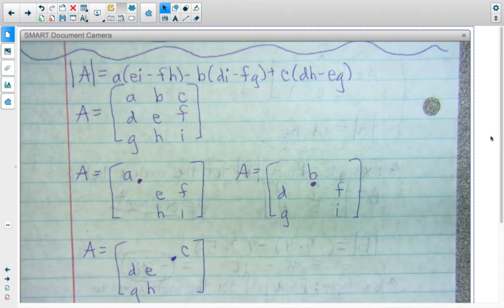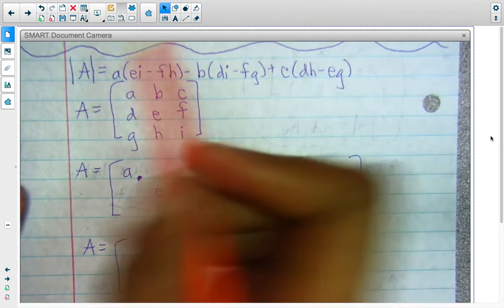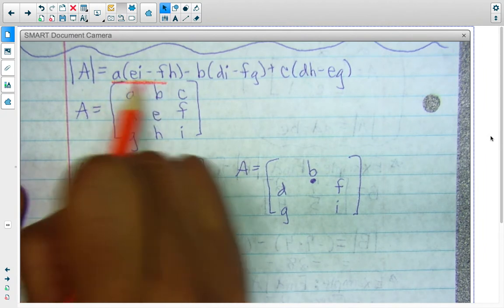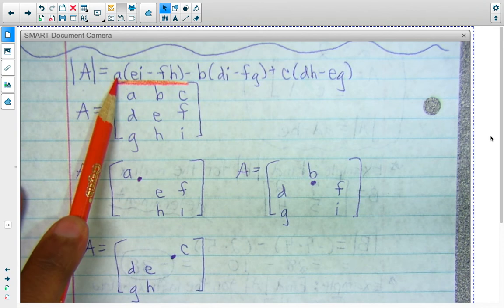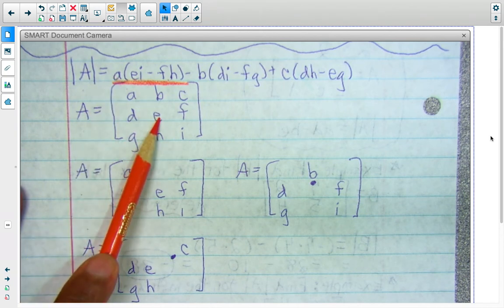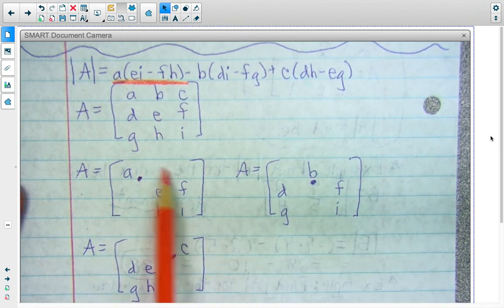Okay. So the formula is basically just taking this 3 by 3 and breaking it up into a 2 by 2. So the first part, and I'll do that in orange, it's saying to take A and multiply it times E, I minus F, H. So I kind of broke that up here.